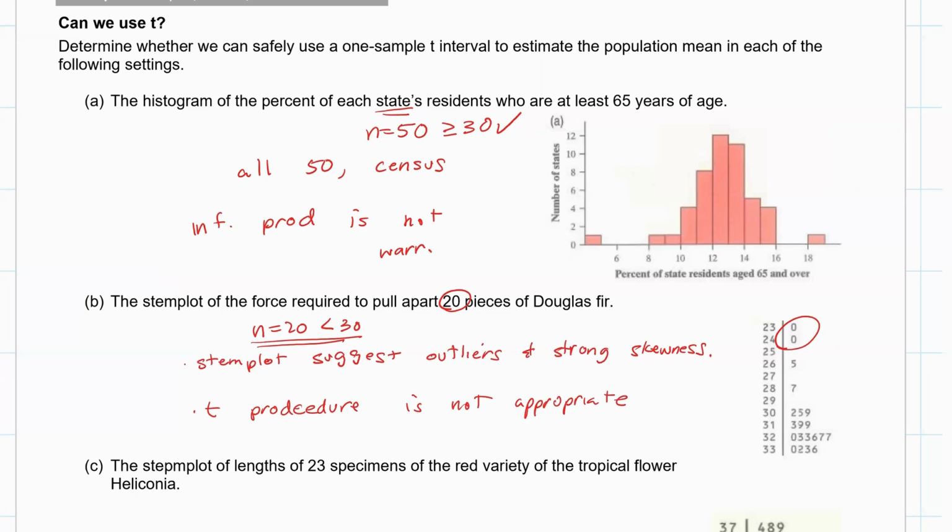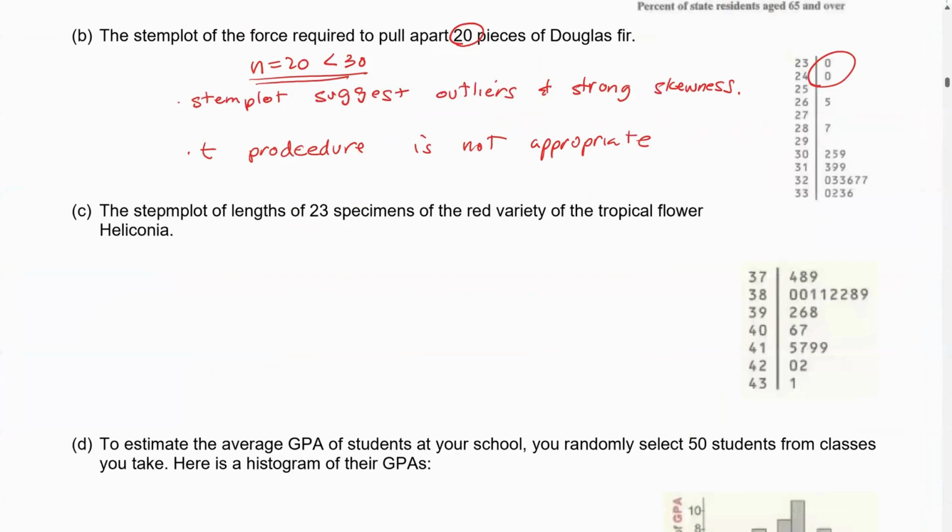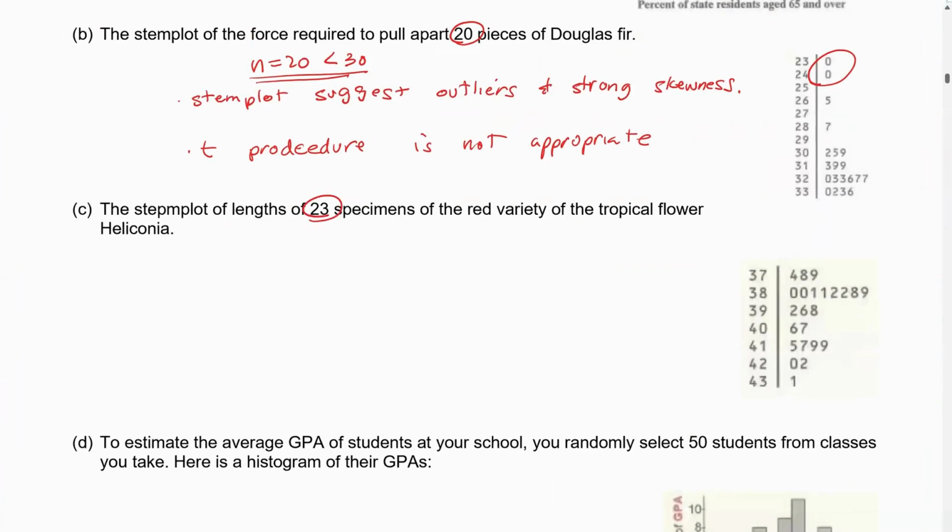Okay. Let's look at this third one. Okay, sample size is 23. Okay, so 23, not 30, so we're not going to get out of this easily. But when we look at this distribution, okay, less than 30, okay, but the sample distribution, in this case, the stem plot of the sample has no strong skewness.